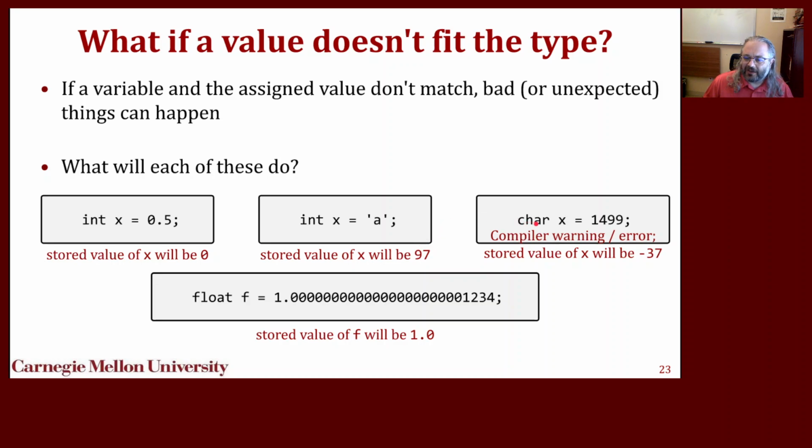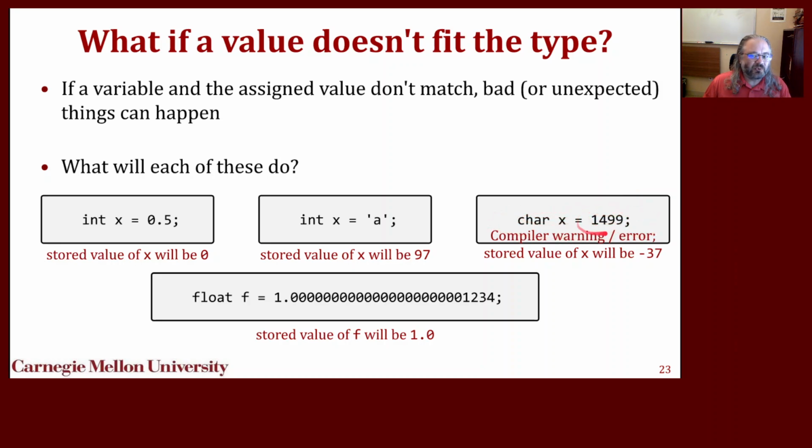If we assign a character a literal value that is much too large for the range of that character, this is a fun one because the compiler is probably actually going to give us a warning. It might not give us an actual error. It might not actually prevent the creation of our executable, but it might give us a warning that says, you're doing something here that is a little bit off.